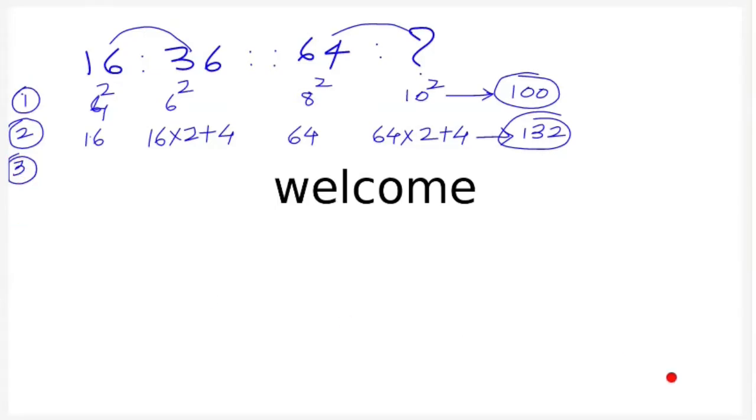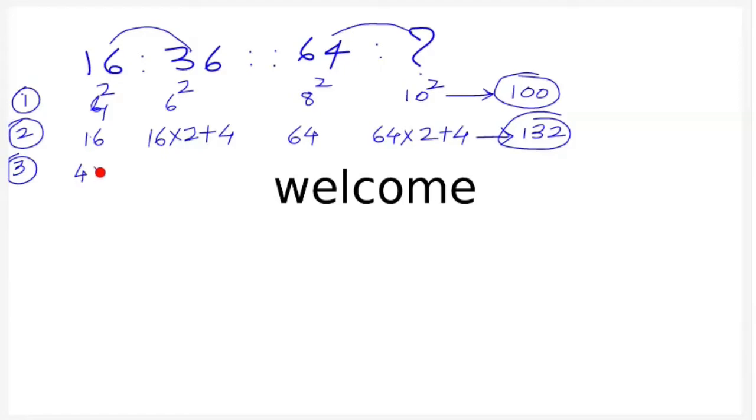What can be the answer if 100 and 132 are not in the given options? So what can be your answer? We have to check. This is 16.